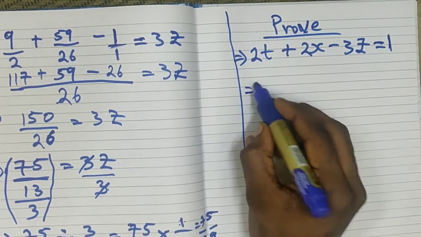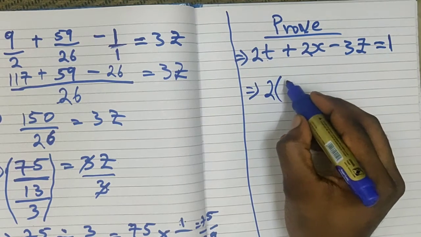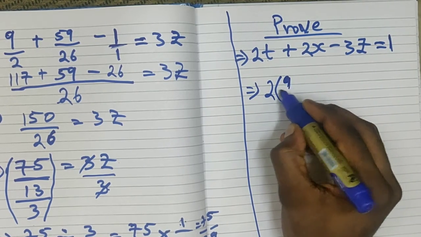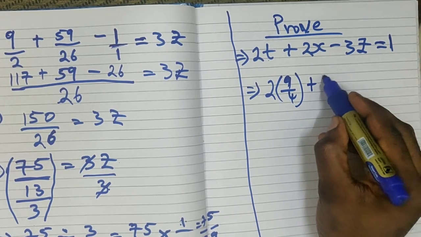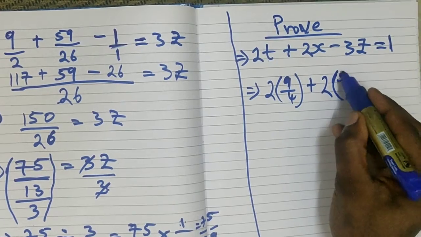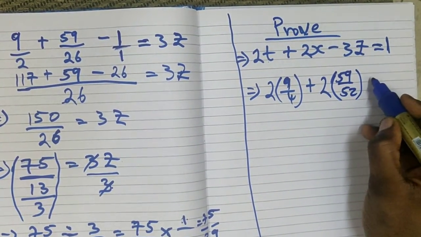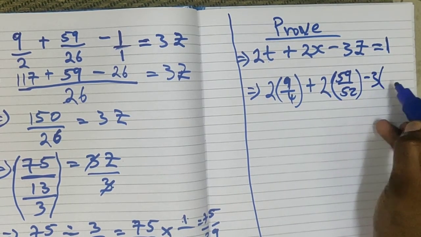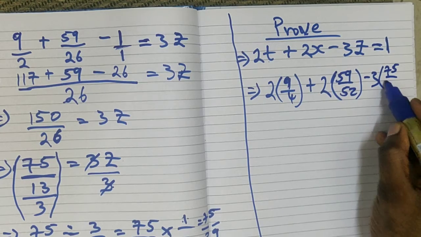So which implies 2 into t. Our t is what? 9 on 4, plus 2 into our x is what? 59 on 52, and 3 into our z is what? 75 on 39.